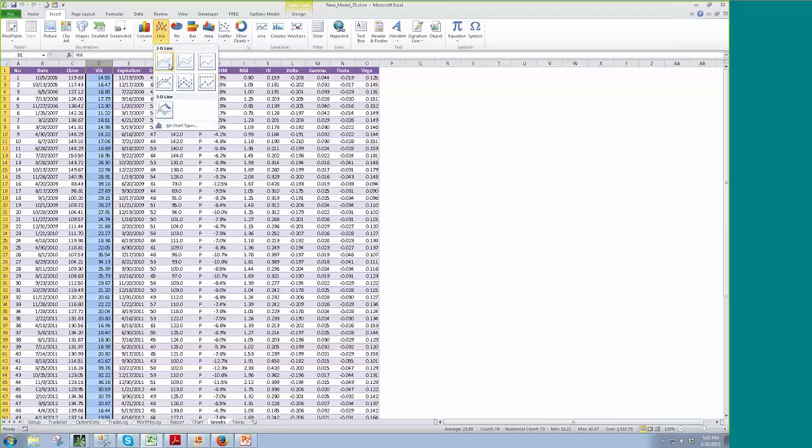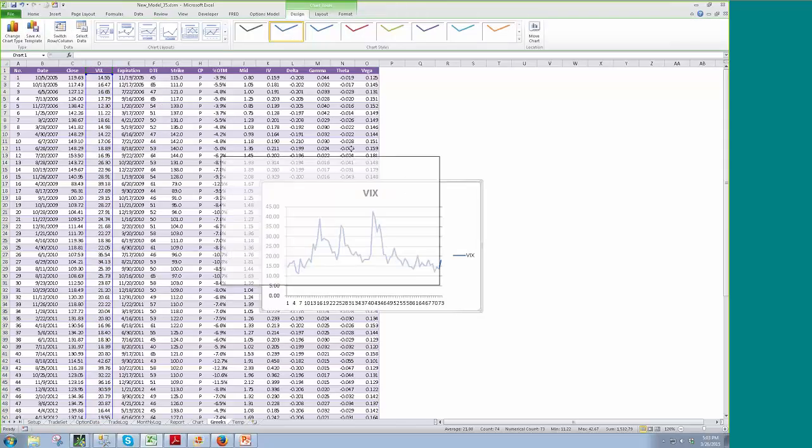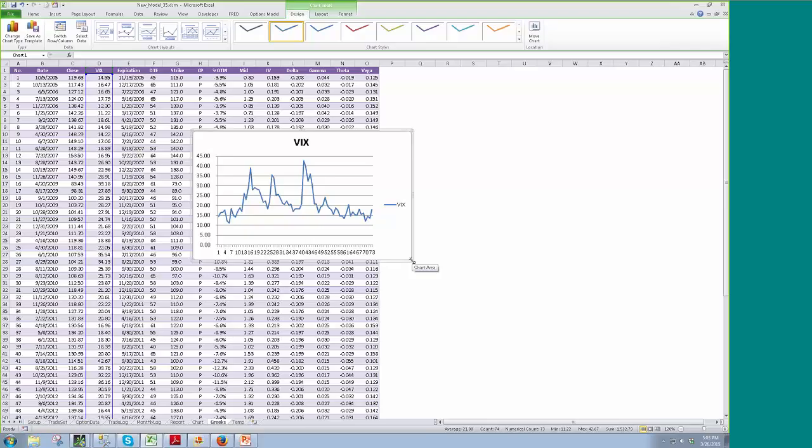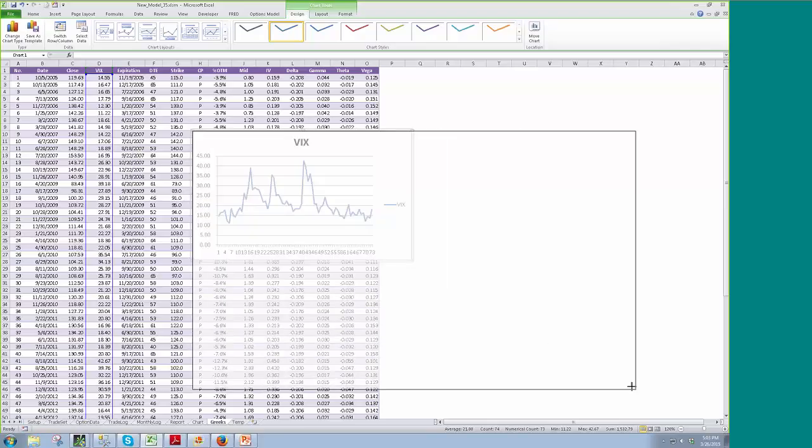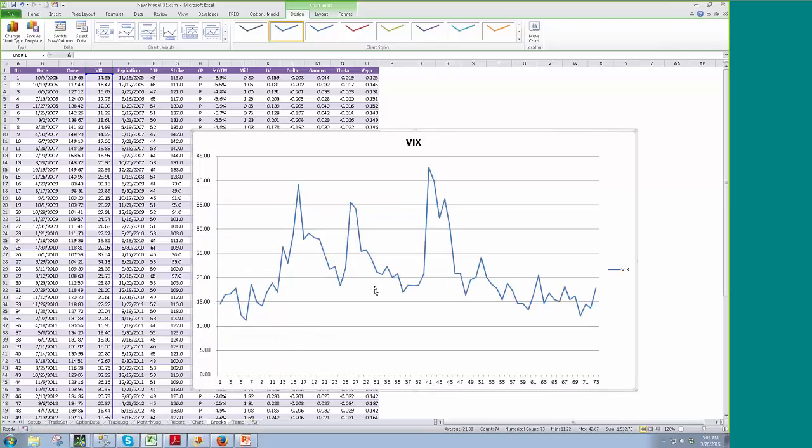This is the VIX of all of the trades that this took. If you notice, it did take one trade here in 2006. Oh, actually, one here at 11.2 in 2007.